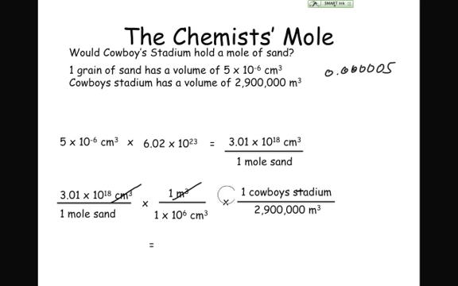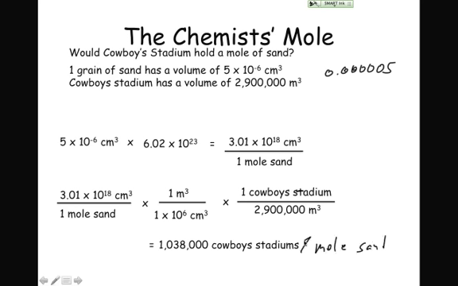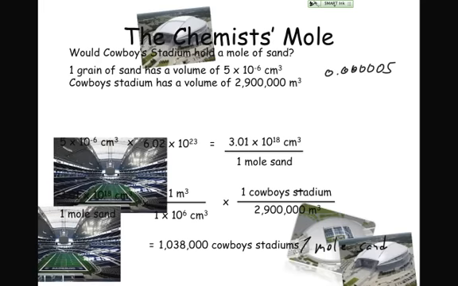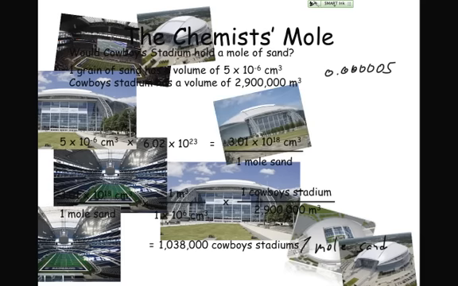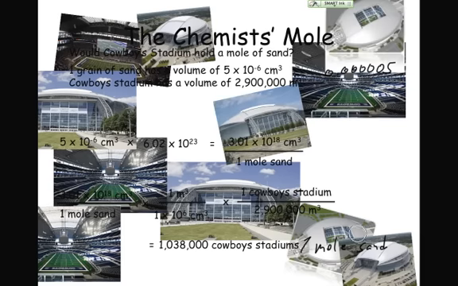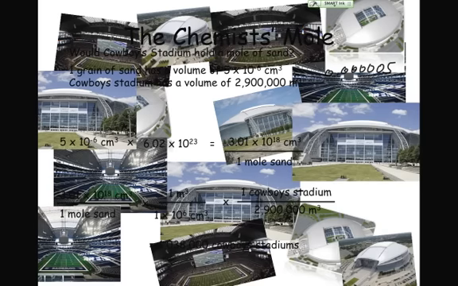And the answer is 1,038,000 Cowboy Stadiums per mole of sand. That's a lot of Cowboy Stadiums that we have to hold a mole of sand. 1 million of them.